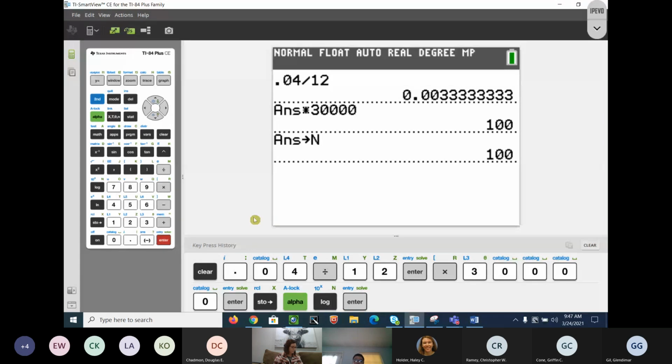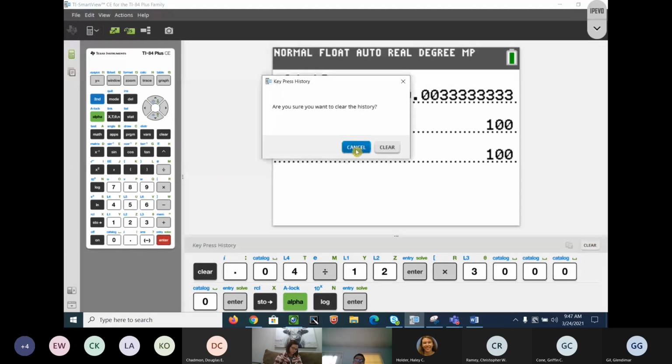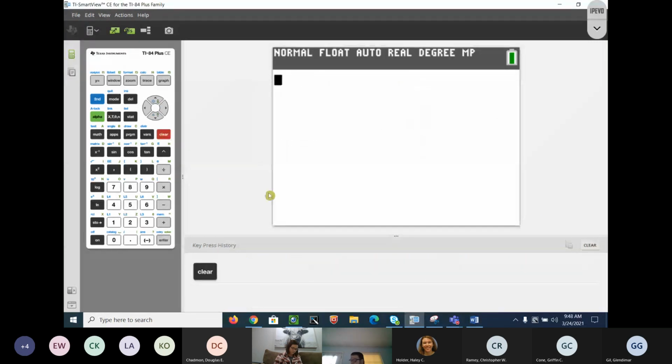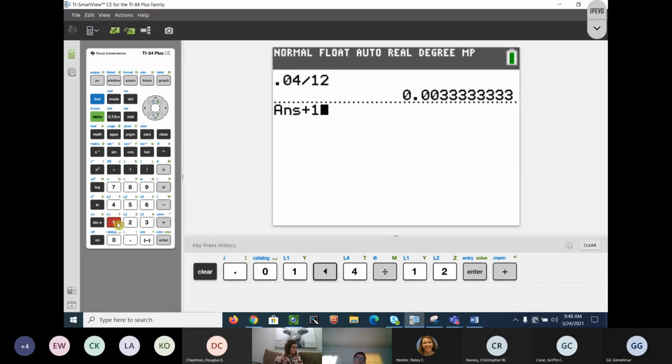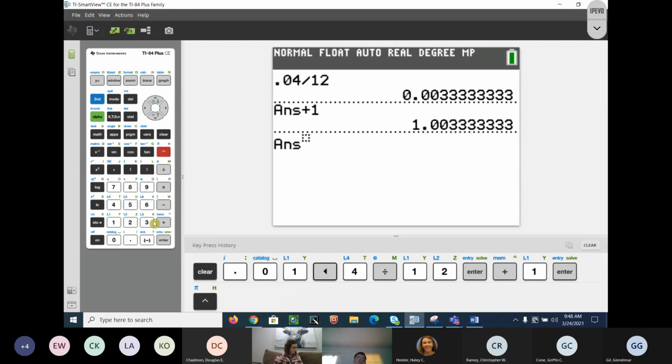Now I'm going to clear all that. Leave it up there for a few seconds, and I'm going to clear all that. And now I'm going to do the denominator. So 0.04 divided by 12. I'm going to add that to 1, and raise that to the 36th power. And that is the denominator, so I've got to divide 1.